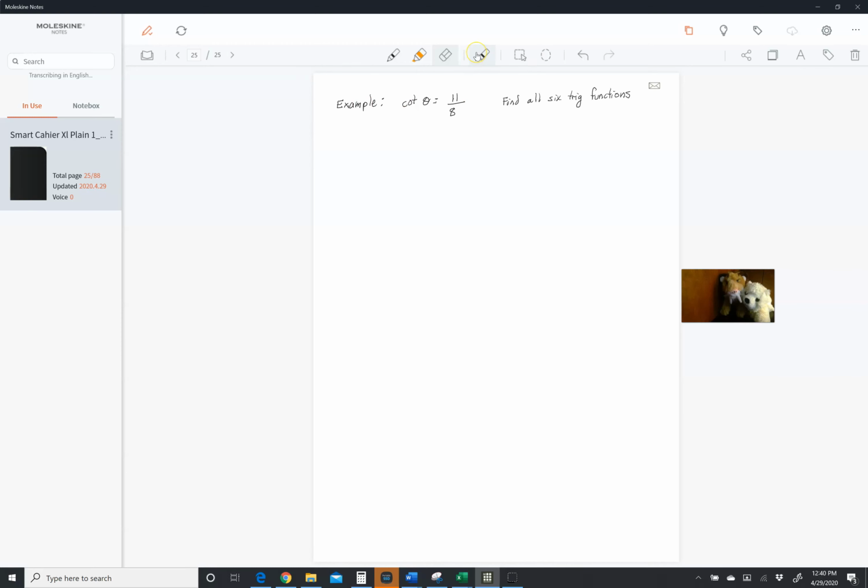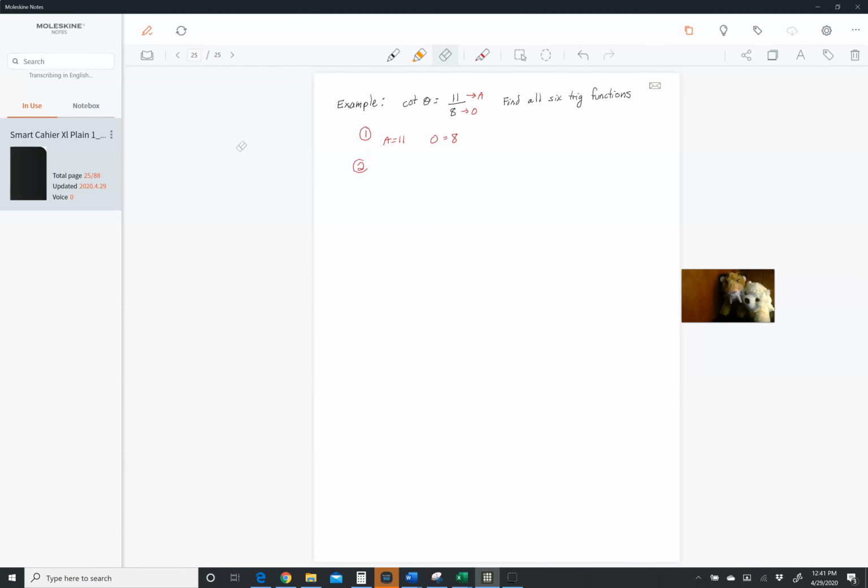So once again, you're going to identify what you know. So cotangent is adjacent over opposite. So your adjacent is 11 and your opposite is 8.